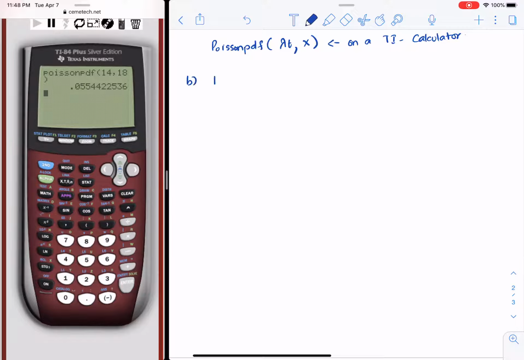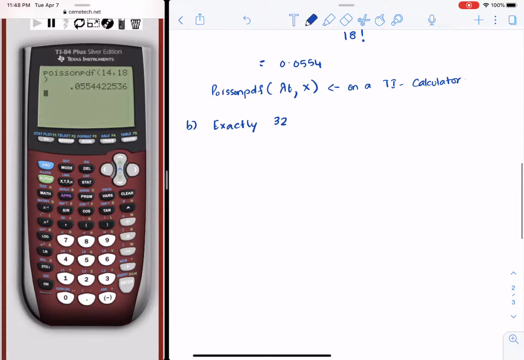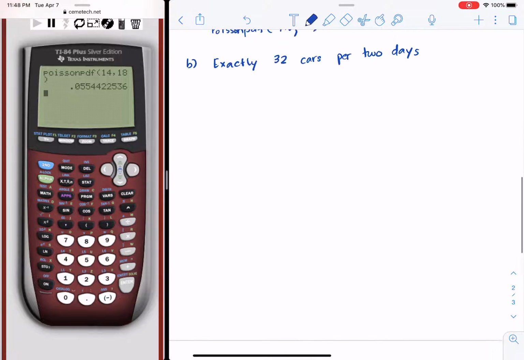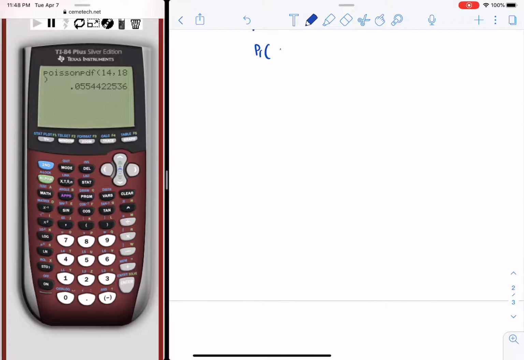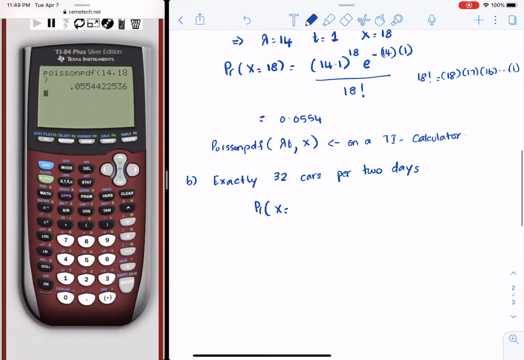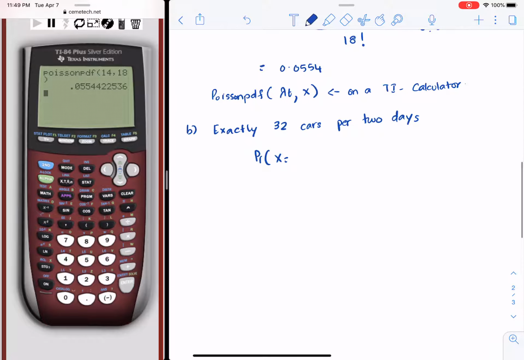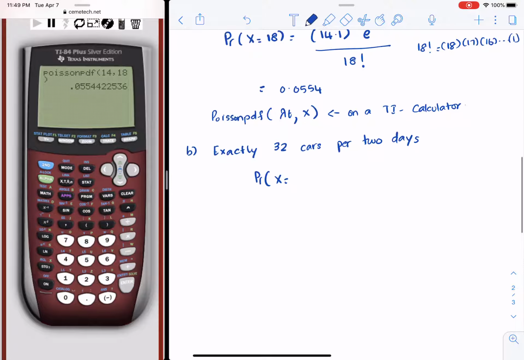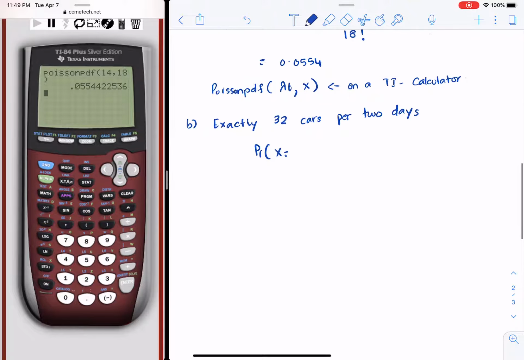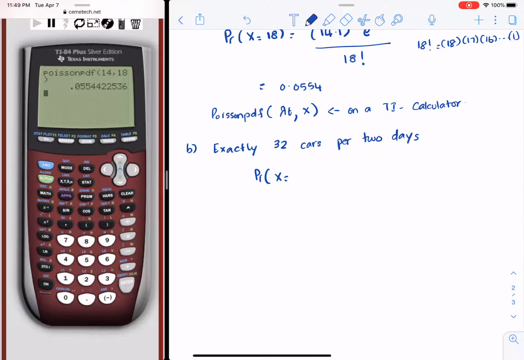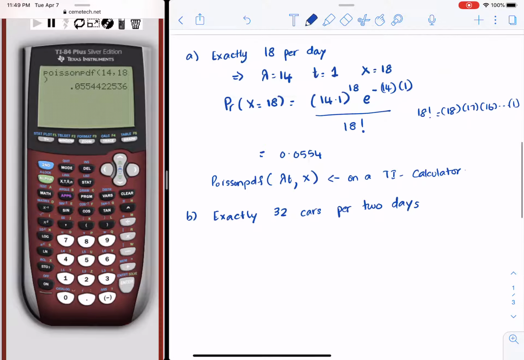So now we want to find the probability that we have exactly 32 patients per 2 days. So that would mean we have probability x is equal to 32.